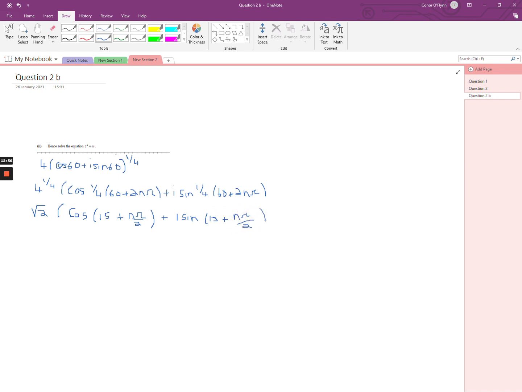Right, and then we sub in our values. We have 4 answers, and we always start with n equals 0. So if n equals 0, what do we get? We'll get the square root of 2, cos of 15. Work that out, cos of 15 is 0.96, that's fine.